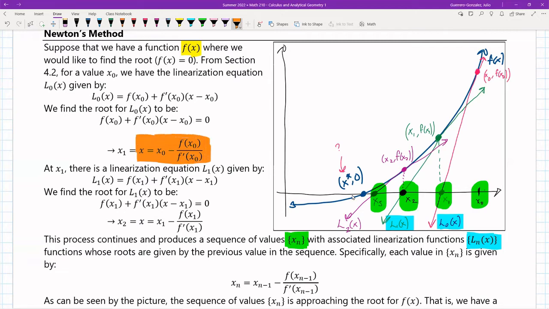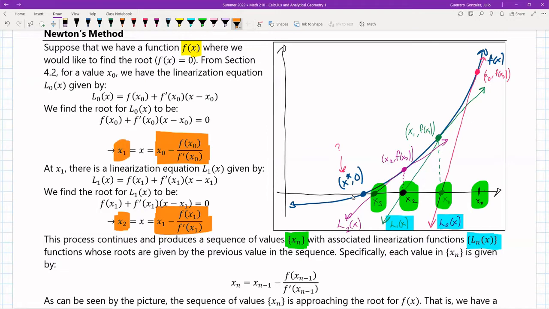here's the first one, right? Here's the second one, right? And specifically, take a look at this. So it's going to be x1 there, and then x1 here. You guys see that?